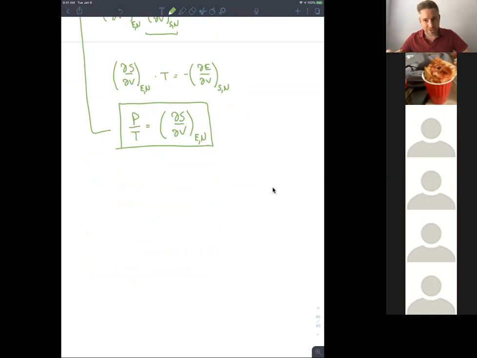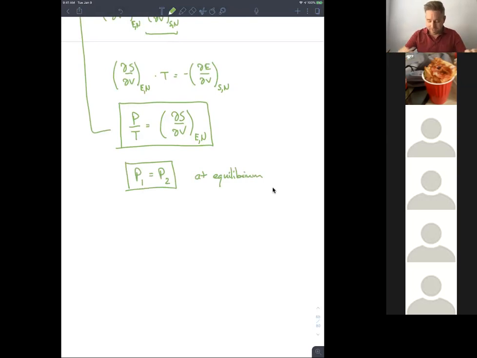We know the two temperatures are already equal from the previous thing we talked about. And hence we also find that the two pressures are equal at equilibrium. So at equilibrium, temperature on both sides is going to be the same, and pressure on both sides is going to be the same.